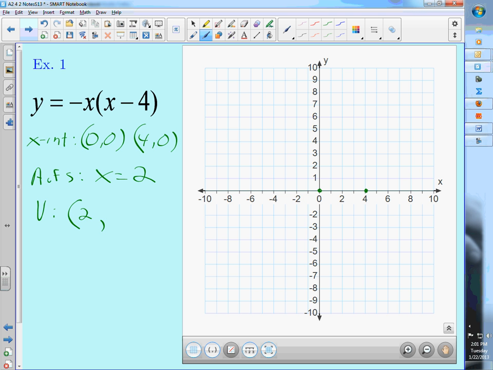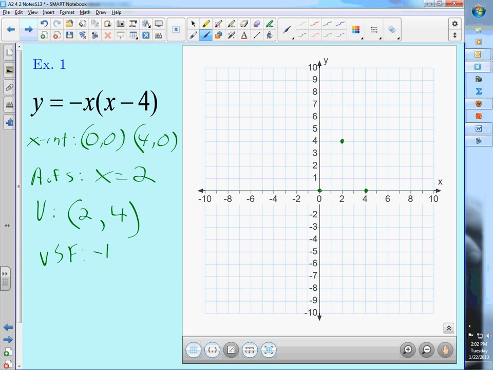Positive. Okay, so when you plug in a 2 for x, what does y end up being? So my vertex is at (2, 4). What's your vertical stretch factor? -1. You can use that to verify that your graph is going to be correct.